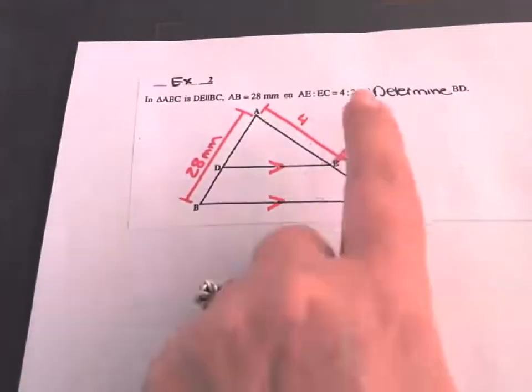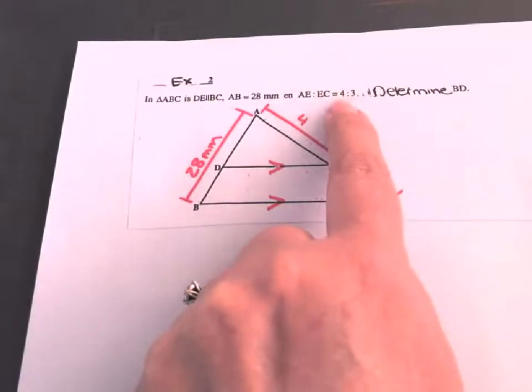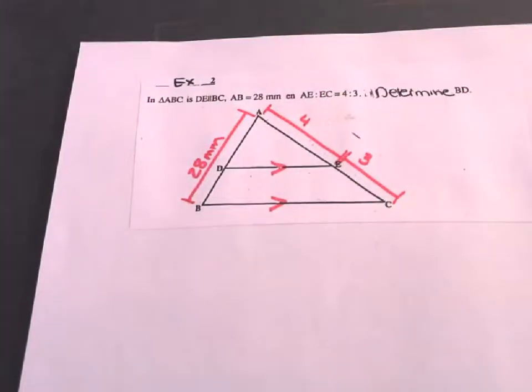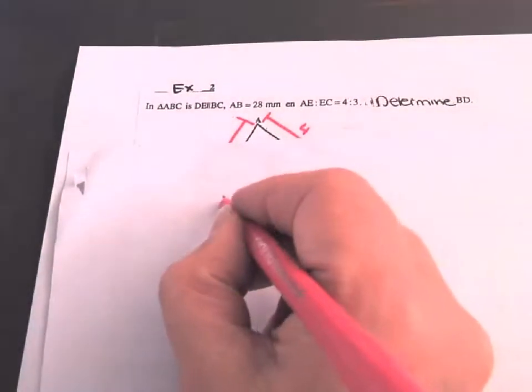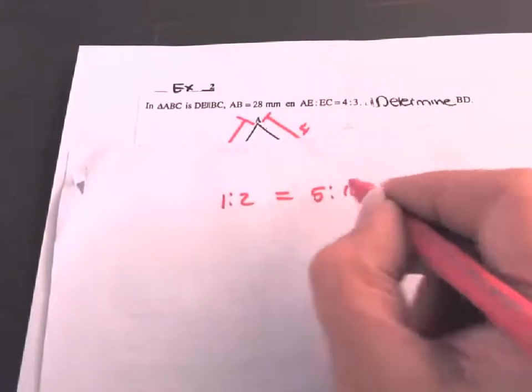However, do they say that it's 4 or 3 millimeters on this side? No. This 4 to 3 means it's 4 times something to 3 times something. It's like when you use 1 to 2 will be the same as 5 to 10.